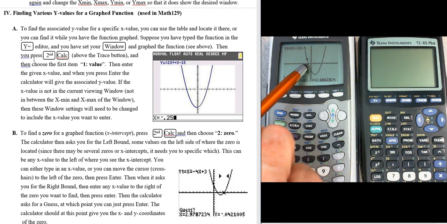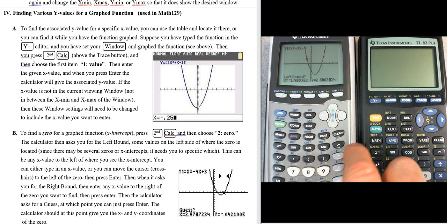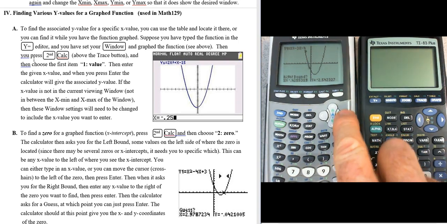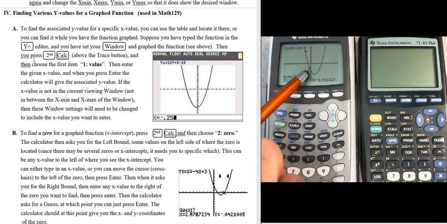Let's say we want to find this one. So I'm to the left side of that, and then press enter. And then move it to the right side of that, which I've done. I'm to the right of where the 0 is. Press enter, and then you just hit enter when it says guess. Just enter again. It finds the 0 at negative 1, which we would have guessed.